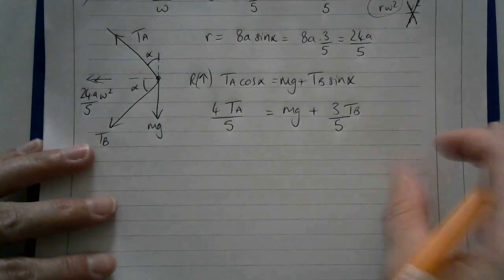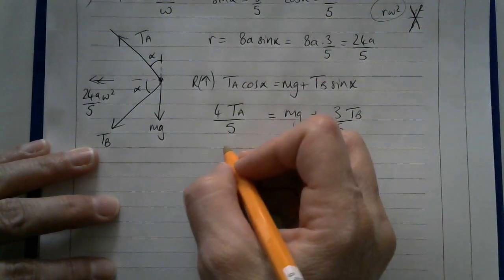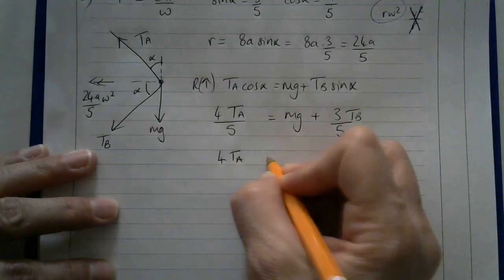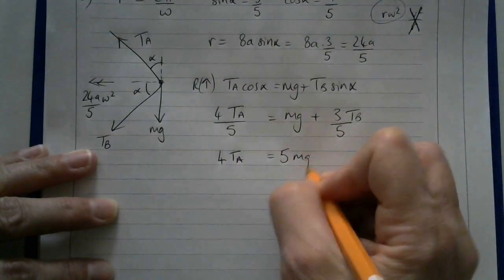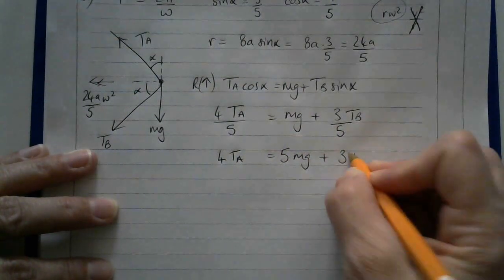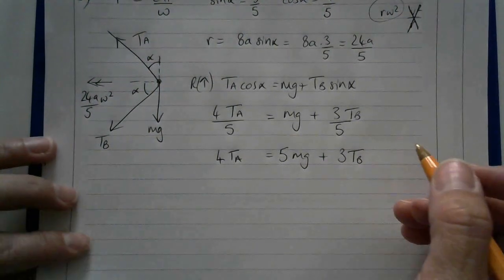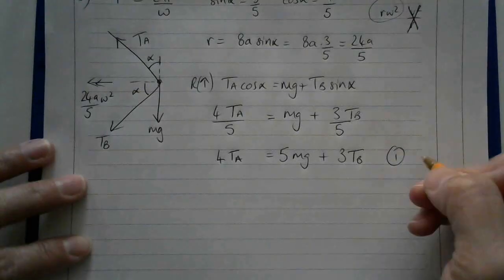Okay, I'll multiply everything by 5 just to get rid of all these fractions. Hopefully that will be useful later on. So I get 4TA equals 5mg plus 3TB. So let's just call that equation 1.